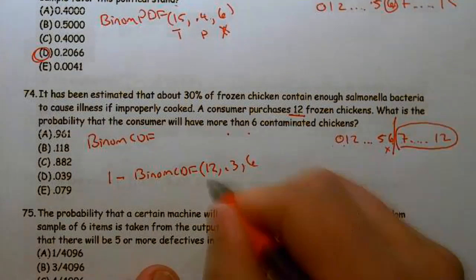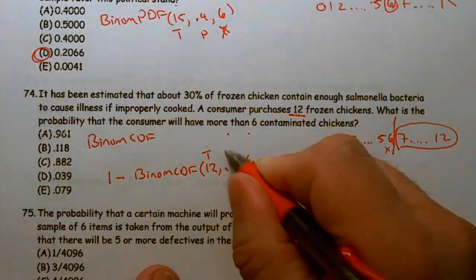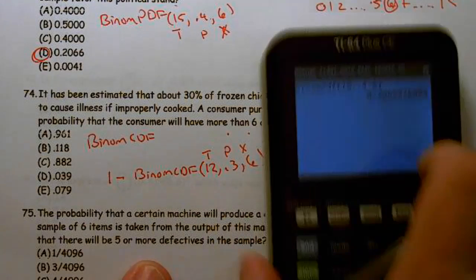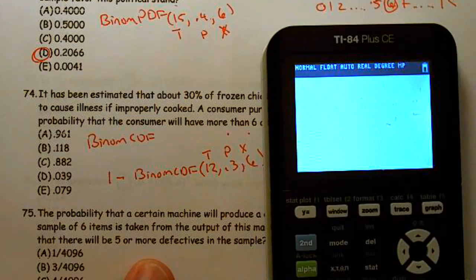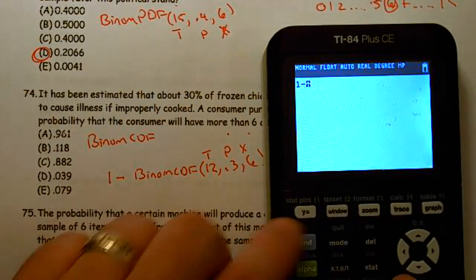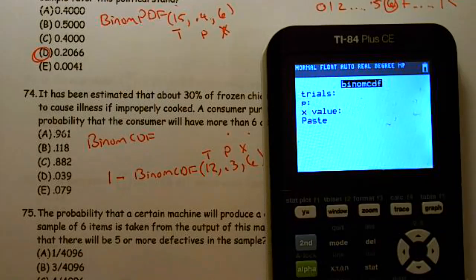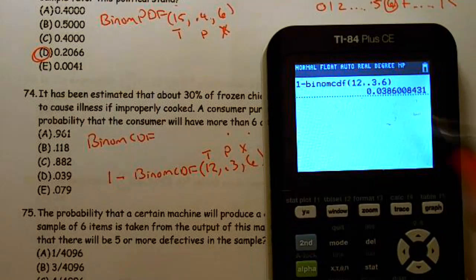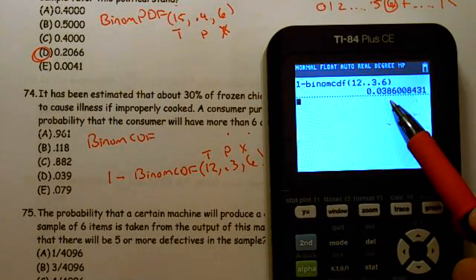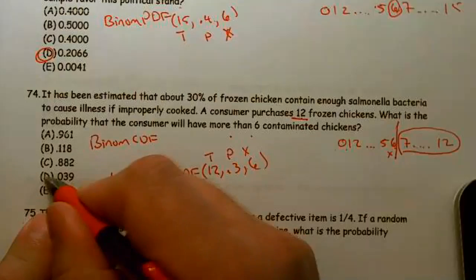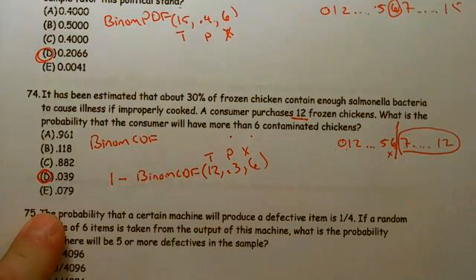So this is our X. So trials, probability, and X. Let's run this through the calculator to see what happens. 1 minus second vars, binomial CDF, trials is 12, probability 0.3, X value 6. And we end up getting 0.0386. Our closest answer is 0.039. So here we go, 0.039 is our answer.